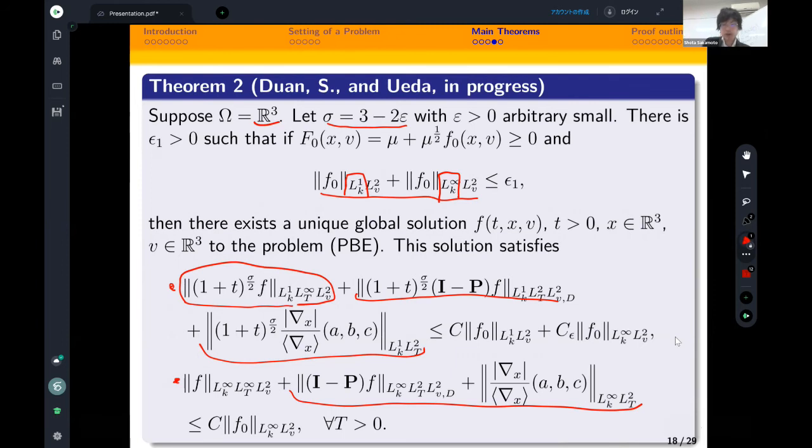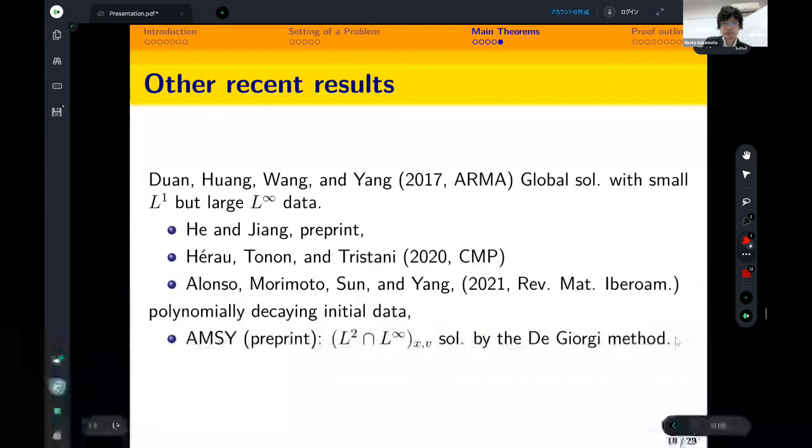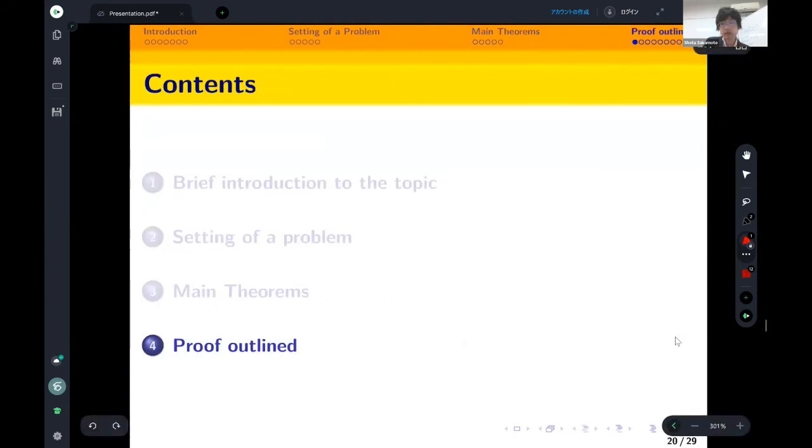It is known that for the three-dimensional case, the decay rate of the Boltzmann equation should be heat-like, that is, in this space, minus 3/2. So it was great if we can take sigma equals to 3. However, we couldn't, but almost optimal decay rate. I will show the reason later. I will come back here if I have time later, allow me.